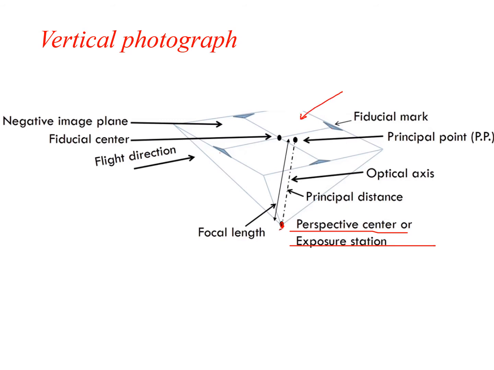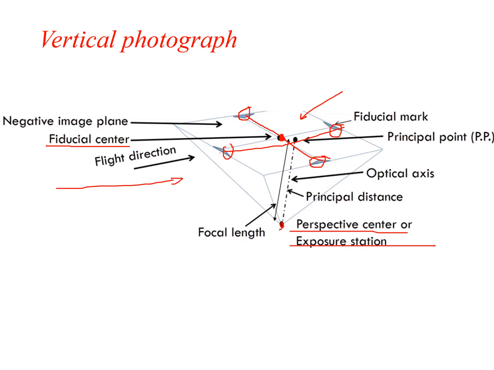Now if we divide it into four parts, by two lines, one along this and one along this, the center points on the negative plane are called the fiducial marks, and the center of them is called the fiducial center. You should understand this, and this is your flight direction.